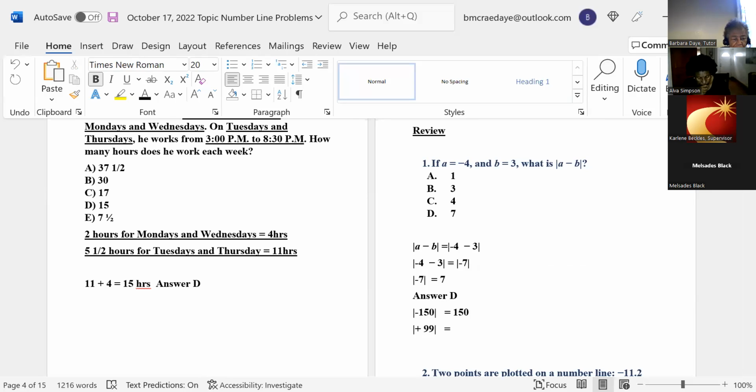Plus 99 would be, let me see. Negative 99. No, absolute value does not have a sign. So all you're doing going absolute value is just dropping the sign. So just 99.